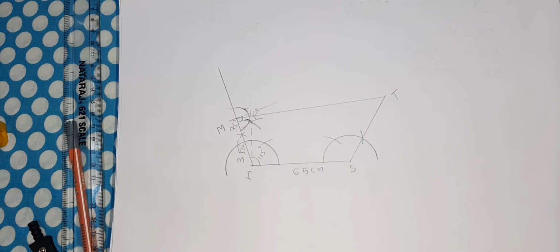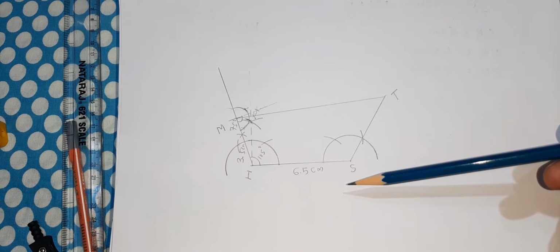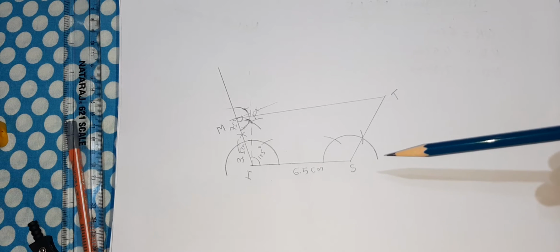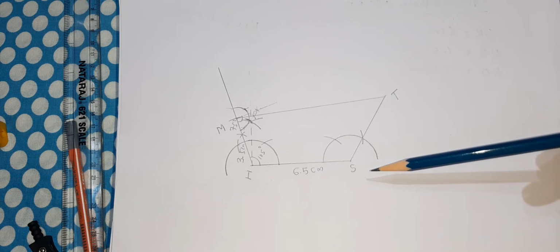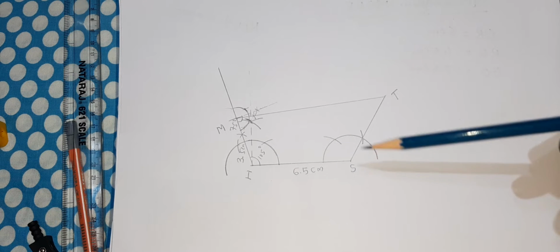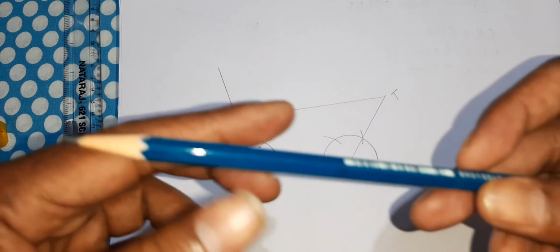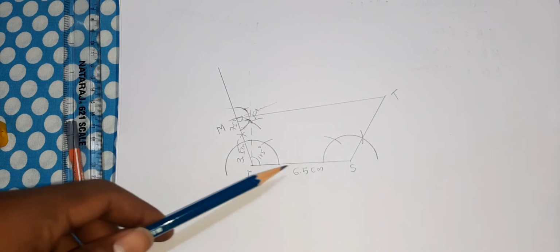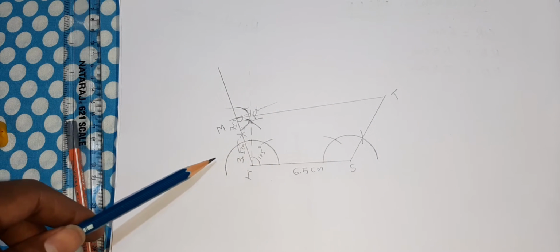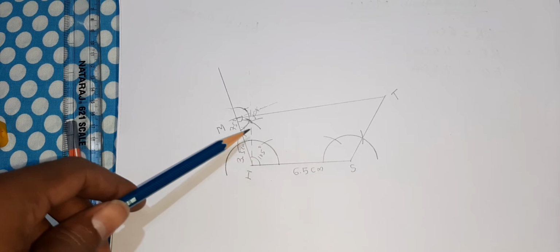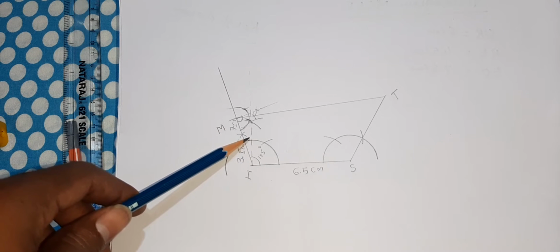First of all, once again I am telling you, draw IS 6.5 centimeter, right? Draw 120 degrees at center S. Take center as S and draw 120 degrees. Clear? Now in the same way you can draw at I. First of all draw 120 degrees, 60 and 120, then 90 degrees you can construct.